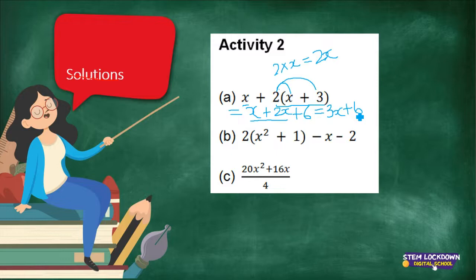I have 5 minutes remaining. I'll give you a minute to do B and a minute to do C. When you're done with B, just jump to C. But I'm giving you a full minute to do B.